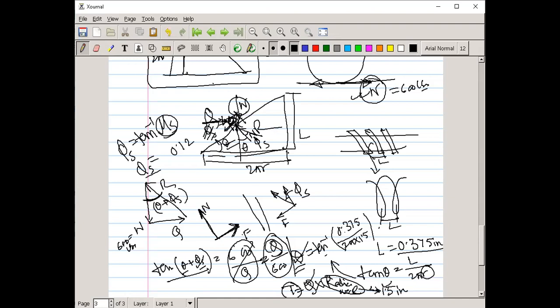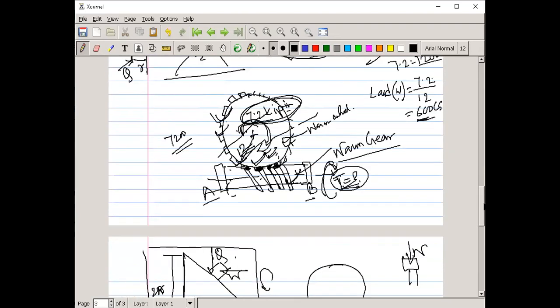So that amount of torque is required to rotate the worm gear, so that the worm wheel can withstand this 7.2 amount of moment.